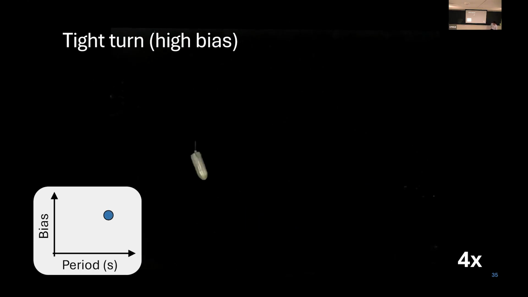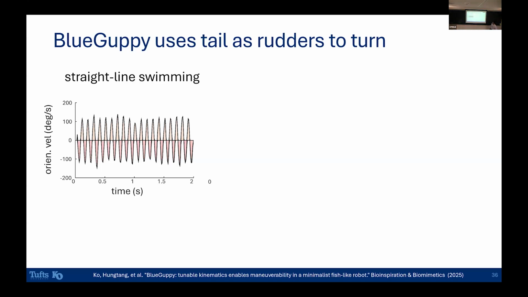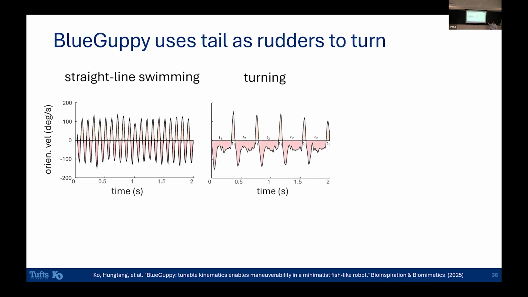I don't know if we have time to go through all the math here, but we also did some analysis of the mechanism of turning. If you look at the orientational velocity of the straight-line swimming, on the left, you have a very nice, balanced, symmetrical plot of your fish being in positive orientational velocity versus negative orientational velocity. But as it turns, if you have this temporal bias, with T1 and T2 not equal to each other, you start to have asymmetric flapping, and really the peak of your orientational velocity is the same regardless of what kind of control you do.